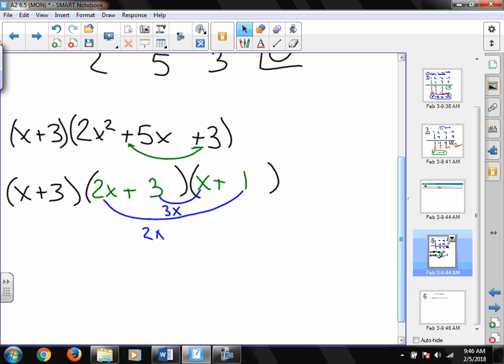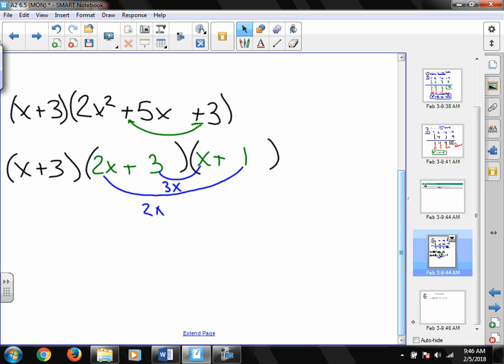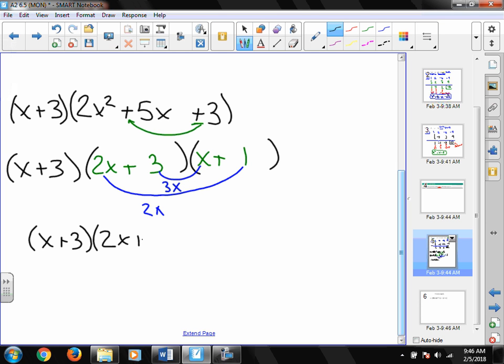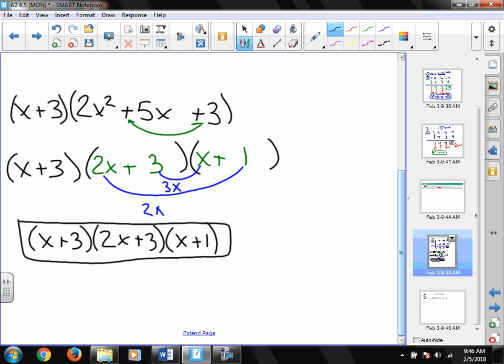Which means this whole thing will factor down into x plus 3 times 2x plus 3 times x plus 1. And that is the answer. Any questions on that? All right.